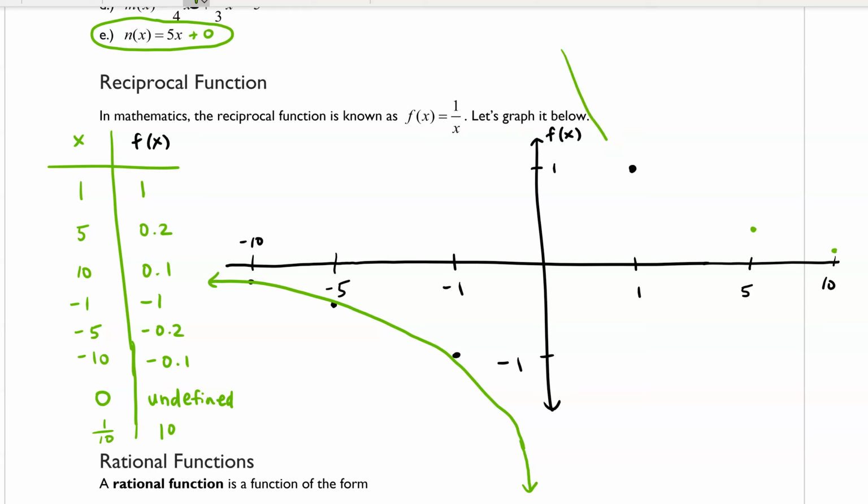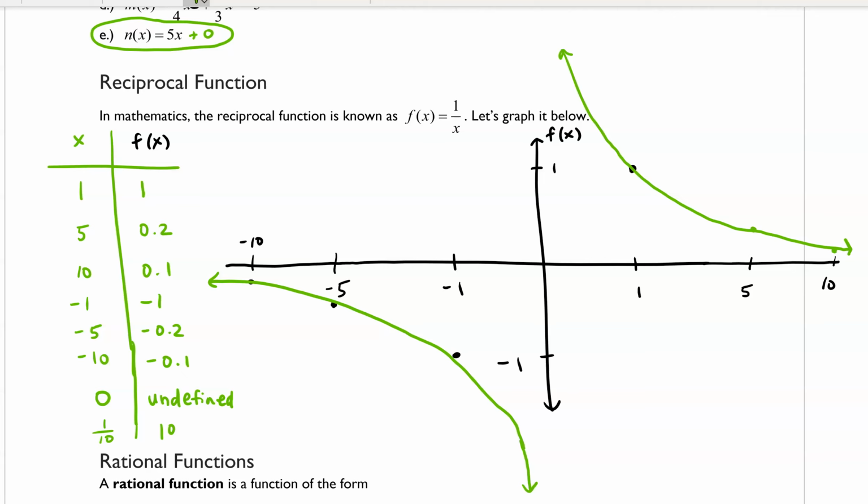And as I plug in numbers between 0 and 1 that get closer to 0, our graph is going to approach infinity. All right, now that's pretty much what I wanted to say about the reciprocal function.